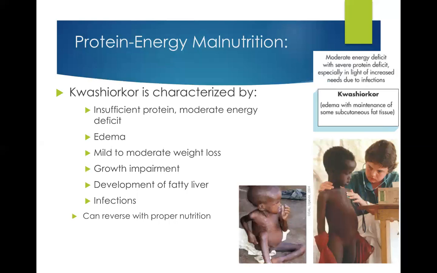So these children do still have a little bit of body fat. However, you see in their bellies, they have this edema, and that's because they don't have enough protein to hold the fluid in the correct places. It's also because their livers develop a fatty condition and potentially can enlarge. Some of these babies can be treated, and with proper nutrition, it can reverse.